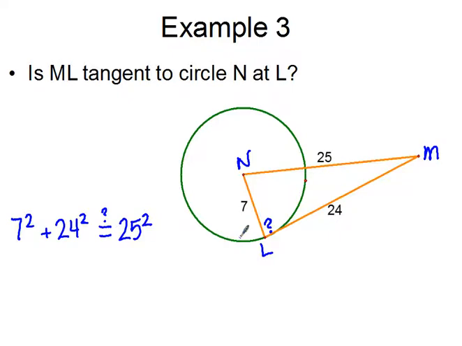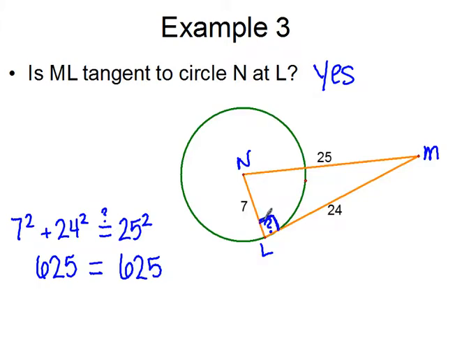Okay, so type this in a calculator. 7 squared plus 24 squared. We get 625. And 25 squared is 625. And those are equal. So yes, it is tangent because this is a right triangle. So this right here is a right angle because of Pythagorean theorem.